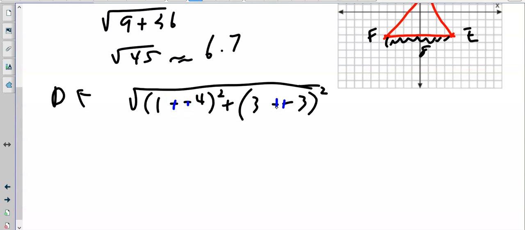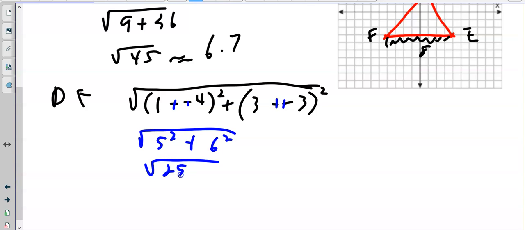All right? So we end up with 1 plus 4 is 5, which is going to be squared, plus 3 plus 3, which is 6 again, which is going to be squared. So that's 25 plus 36. So 25 plus 36 is 61. And the square root of 61 is approximately 7.8.